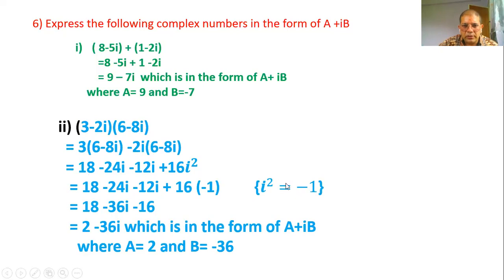So 18 minus 16 is 2, and minus 36i, which is in the form of a plus ib, where a is equal to 2 and b is equal to minus 36. So this is also in the form of a complex number. The sum is a complex number, and the product is also a complex number.